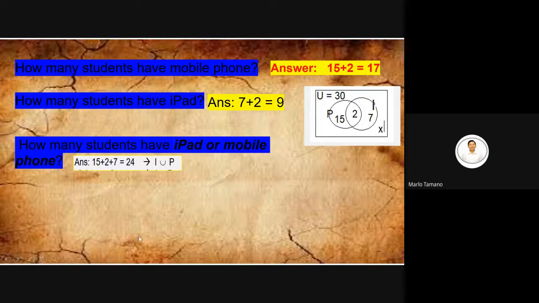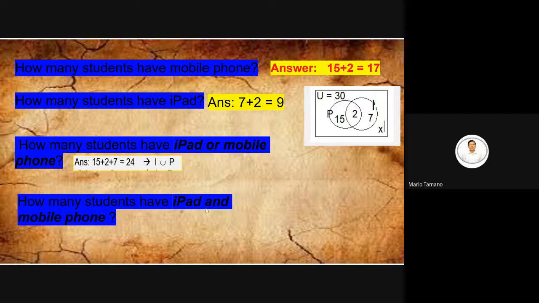And that is the union of sets P and I or set I and P. The union of set I and P or the union of P and I. Naintindihan? Basta kapag may or, ito yung clue. iPad or mobile. Okay po. Another 5 points.